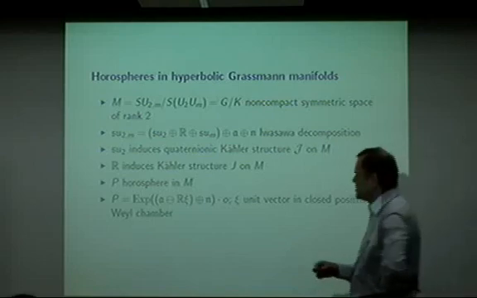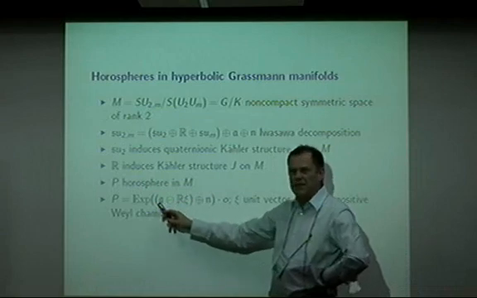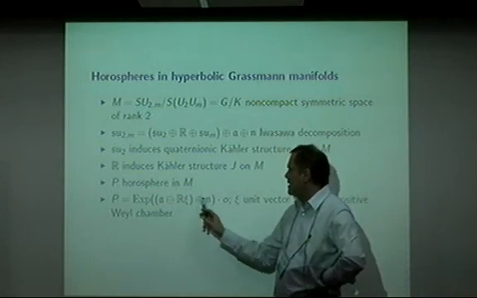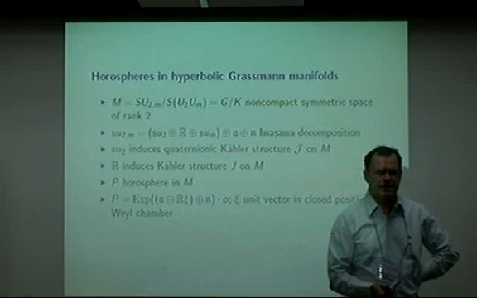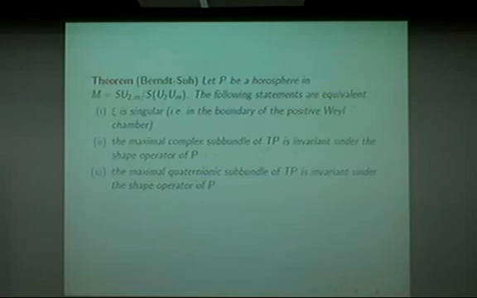But what one needs to do here is remove a one-dimensional subspace from the abelian part and then add the nilpotent part, and what one then gets is the horosphere. This is how it works for this particular Grassmannian, and this is the general construction also in higher rank symmetric spaces. And what we could prove is that when we have a horosphere in this Grassmannian, then the following statements are equivalent.